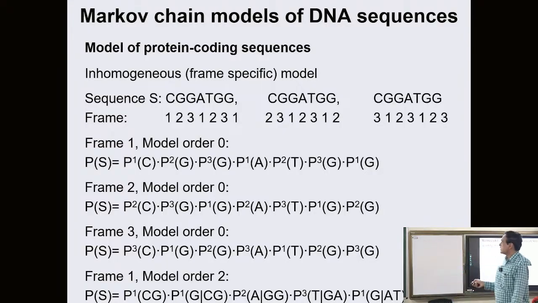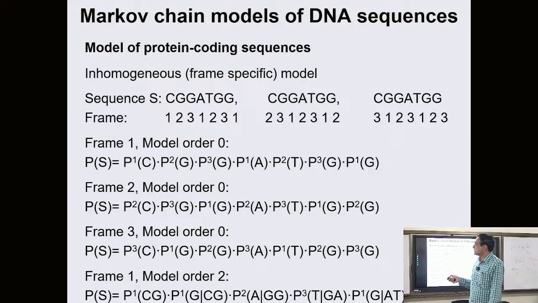The other scenario could be that C is situated in codon position 2. What would be the next position? 3, and then next would be 1. So it is cyclic: 1, 2, 3, 1, 2, 3, then 1, 2. The third scenario is that C is situated in codon position 3.